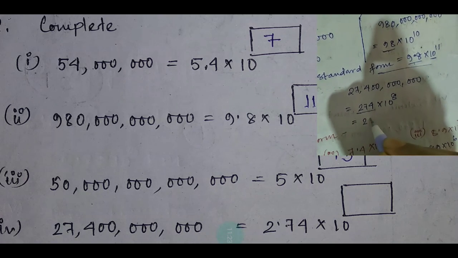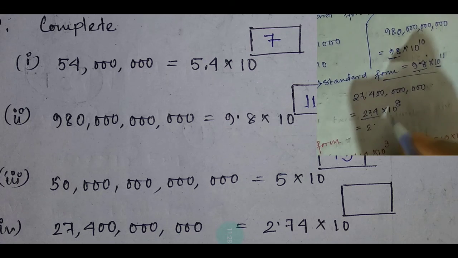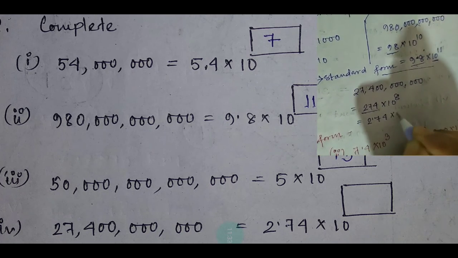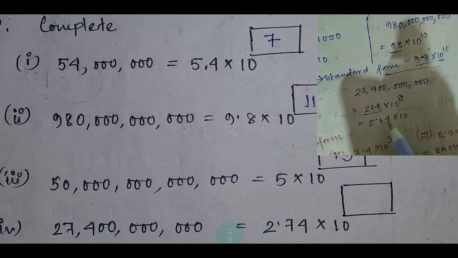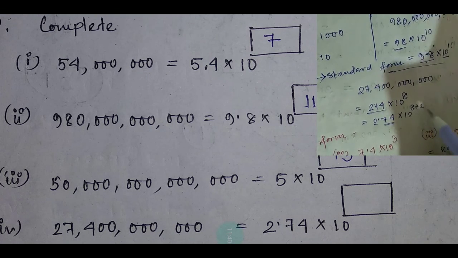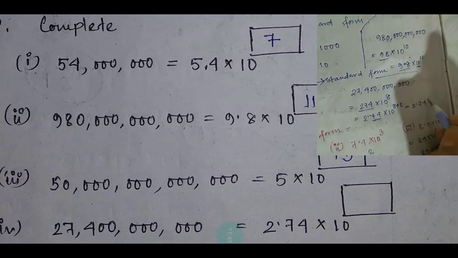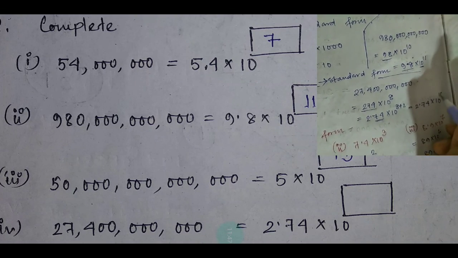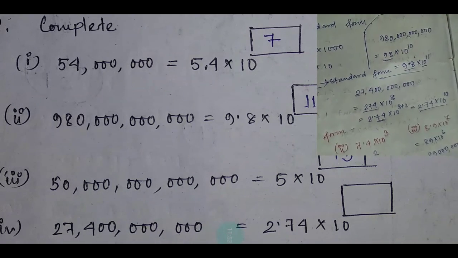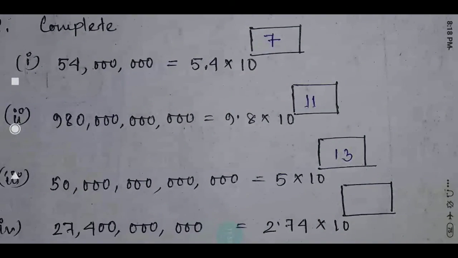If I write 27.4, it is also out of the range 1 to 10. That means I have to write 2.74. I have shifted 2 decimal places, so it will be 8 plus 2, that means 2.74 into 10 power 10. So this is your answer. It is in the form of scientific notation.